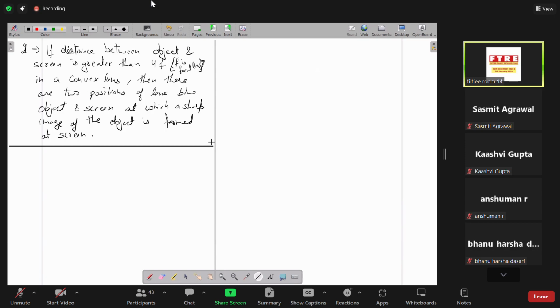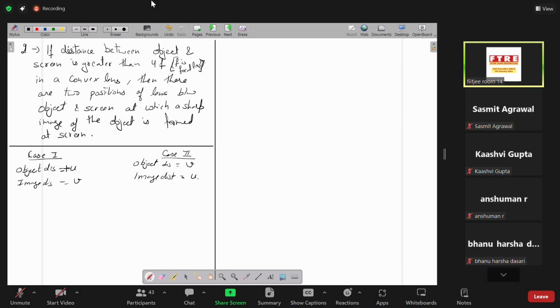So in case one, the first case, my object distance is u and image distance is v. In case 2, the things will get reversed. That means if my object distance is v, the image distance will be taken as u, right?